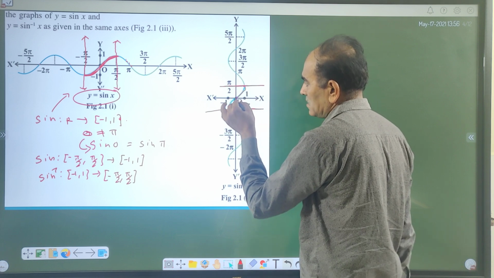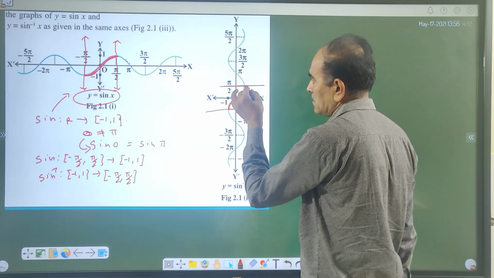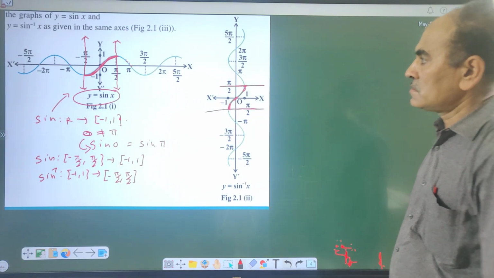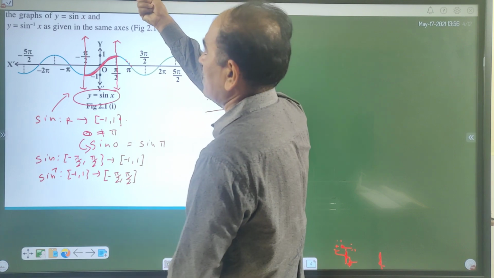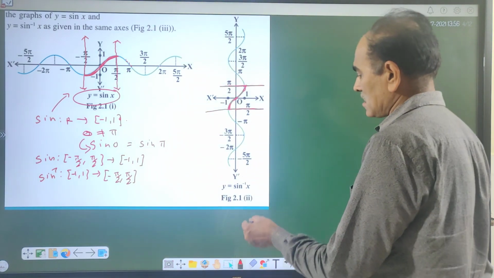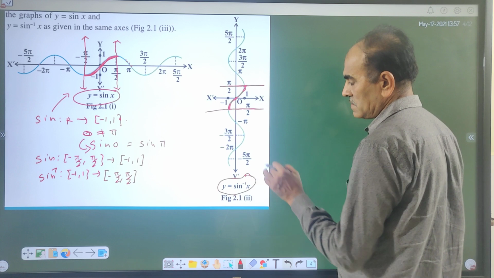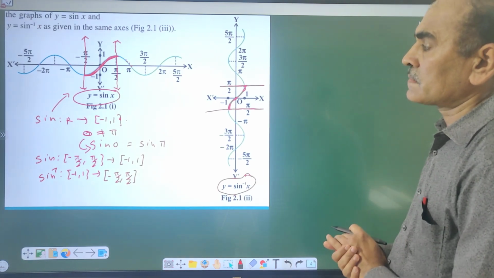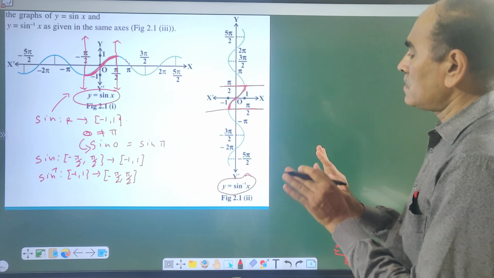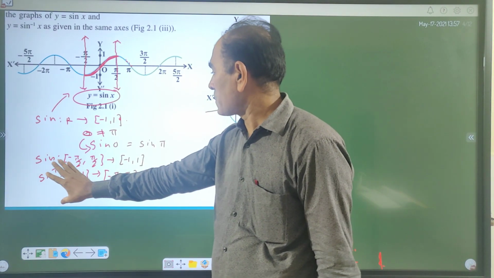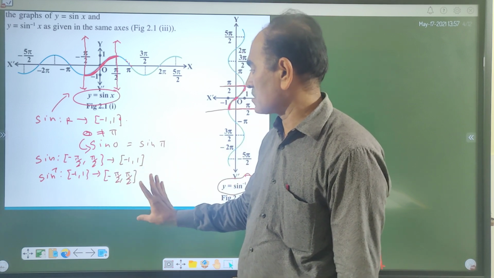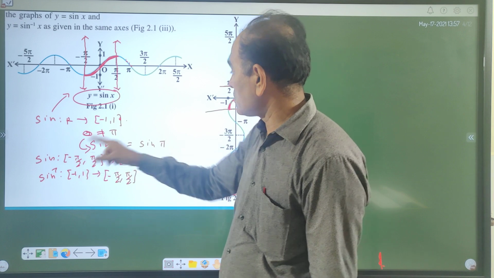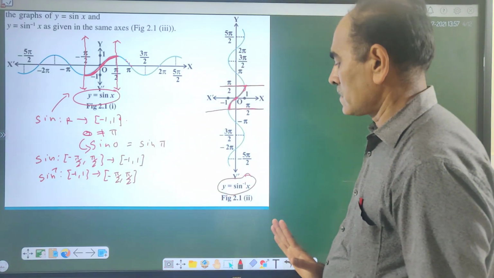For this part, the function is 1-1. So we just have to rotate the graph. Then we get the graph of y is equal to sine inverse x. I am explaining this graph only for how to obtain the inverse of the sine function. In other words, restrict the domain of the sine function so that it is 1-1 and onto.